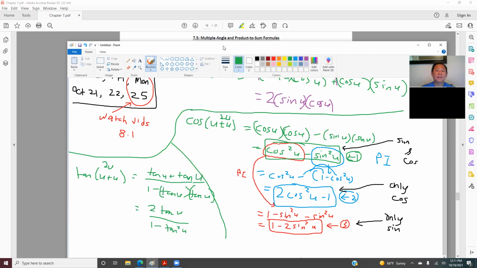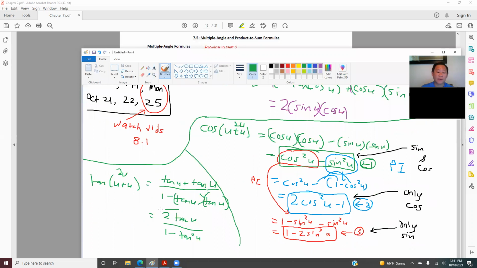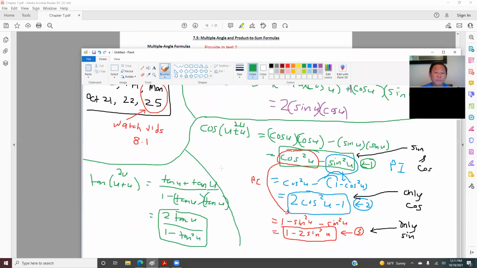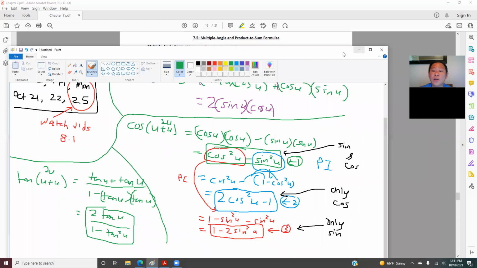So you will get the last formula, the tangent 2u formula, which is 2 tangent u over 1 minus tangent square u. So this is all the double angle formulas that we are doing here. The reason why we call it double angle is because you got double here. Anyone have any questions with the double angle formula in this case?